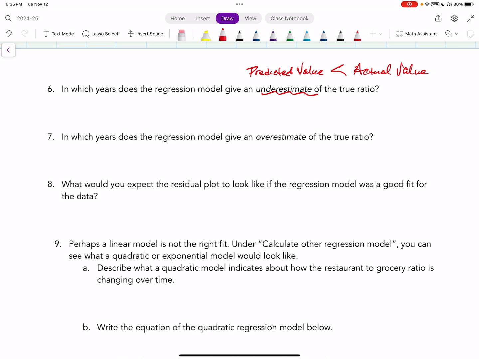Visually, the predicted value, which is your regression line, has to be under the actual points. So the regression line is under the actual points. This is how you do it visually. So let's figure that out.